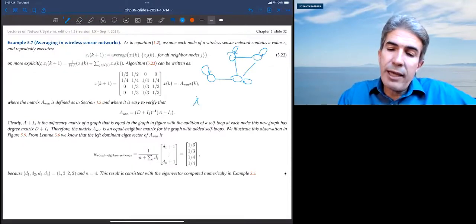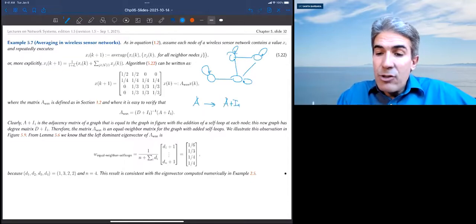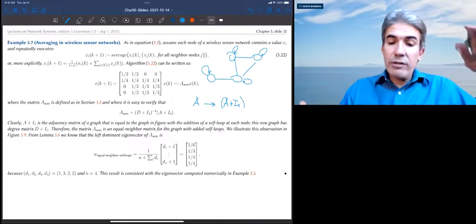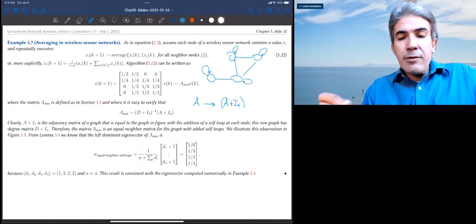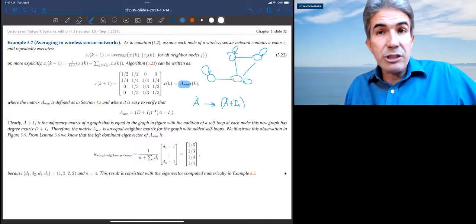So we went from A to A plus the identity of dimension 4, and then to this matrix we apply the equal neighbor model. So that's all there is to it. And then this is the same matrix A_WSN that we have already seen.